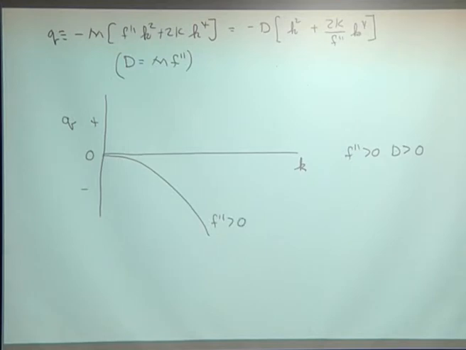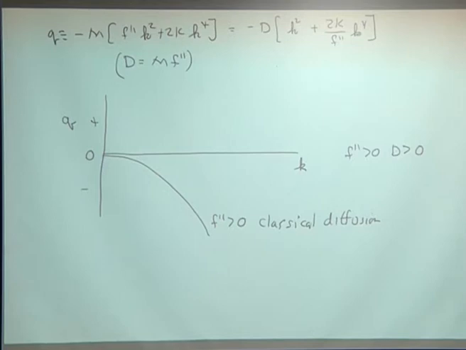That's the classical diffusion. And this is why your numerical code that you wrote yesterday worked quite well for positive diffusion coefficients.